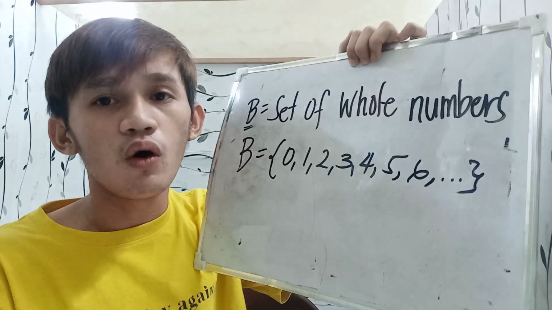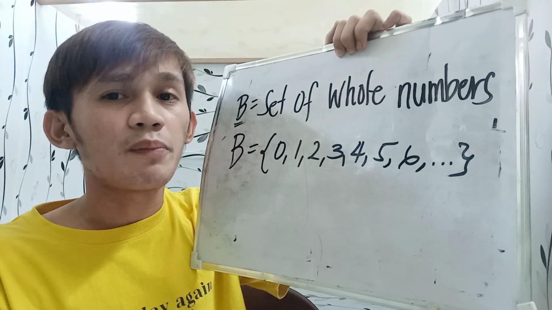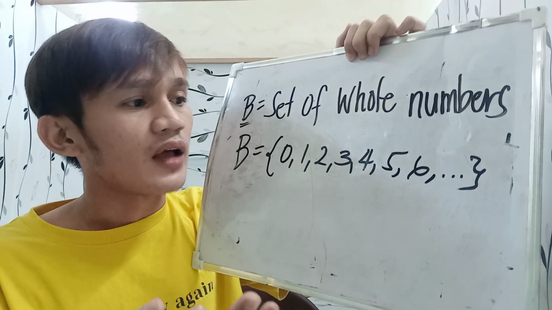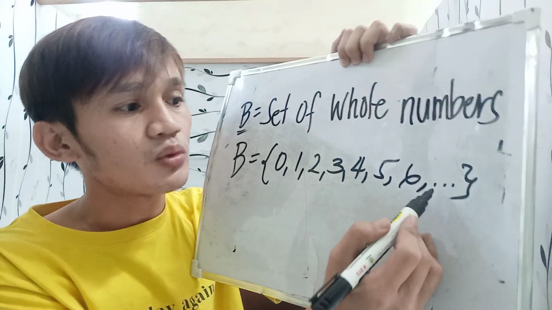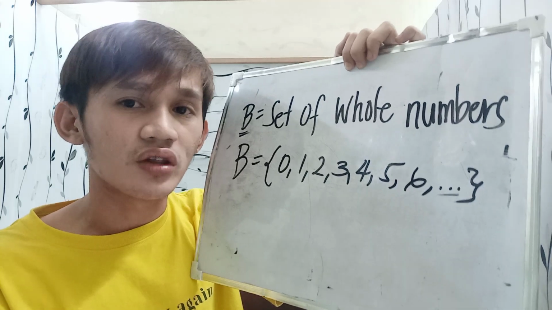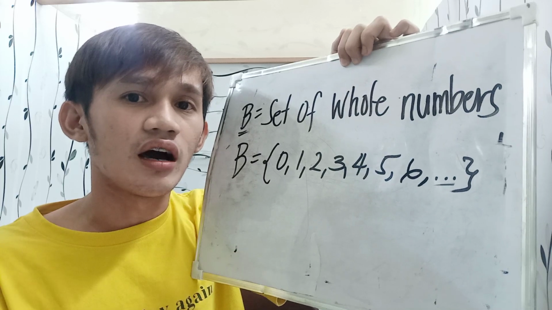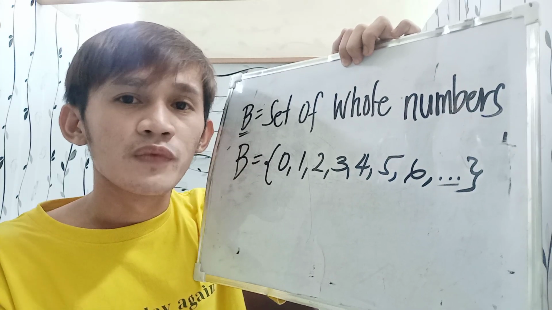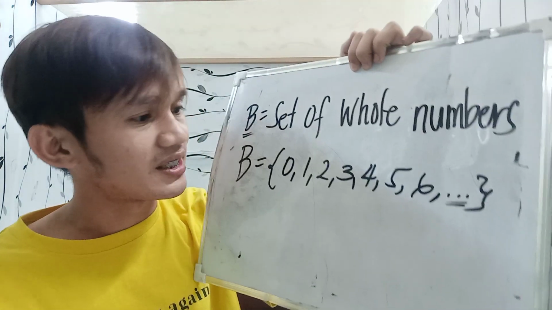So instead of writing all those numbers, just write ellipses. It represents continuous counting, or continuity, meaning you are continuously adding or listing all those numbers. So just use ellipses. Next.